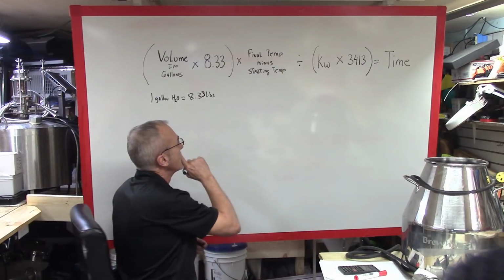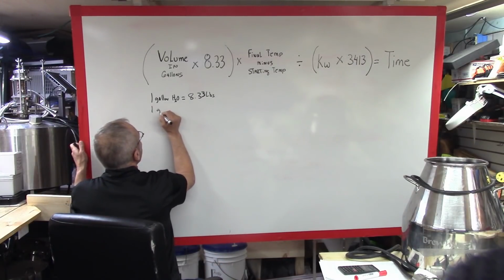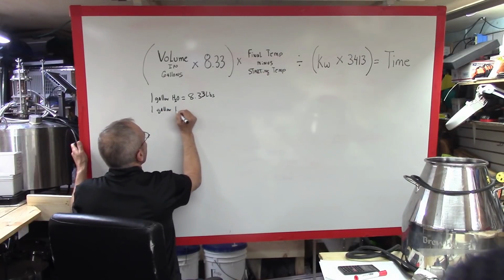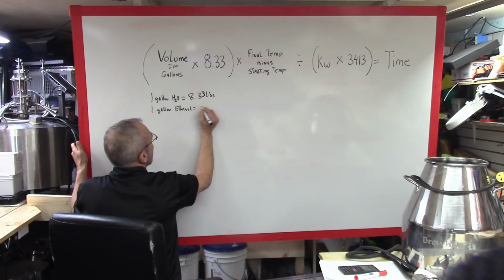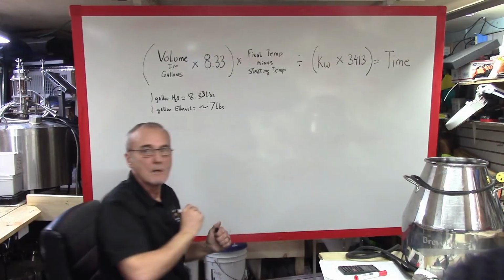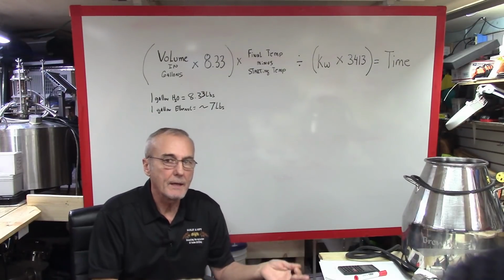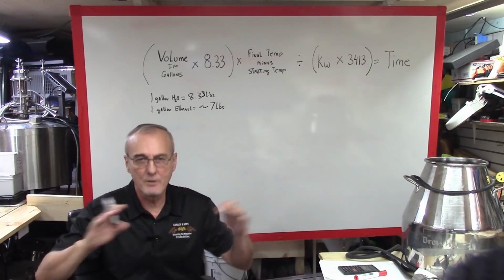What we also know, and I don't know if you knew this or not, is that 1 gallon of pure ethanol weighs about 7 pounds. We already know going in that ethanol is lighter than water, and that's what causes a hydrometer to do its job.